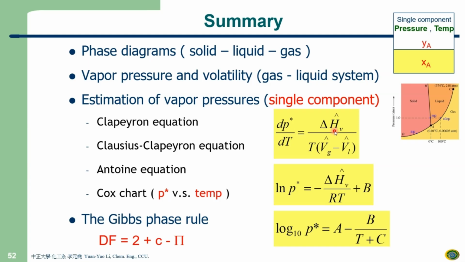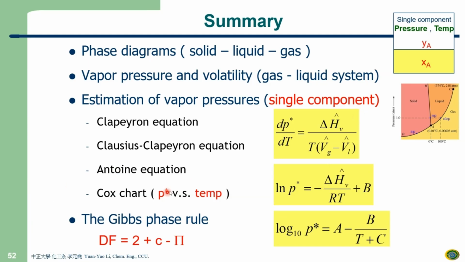The gentleman over there tells us that it's the energy gained or lost when you change the phase, for example from liquid to solid or from liquid to gas. The energy required for changing the phases is called latent heat. Good, thank you. So this is the first equation.